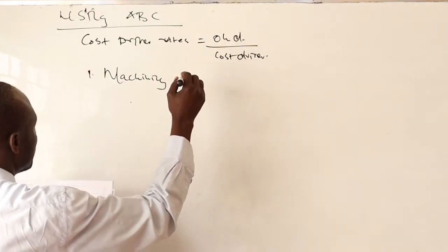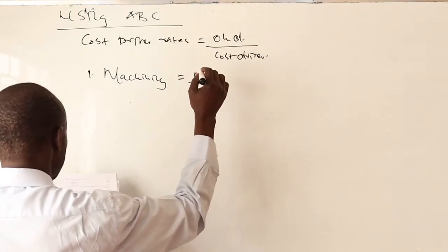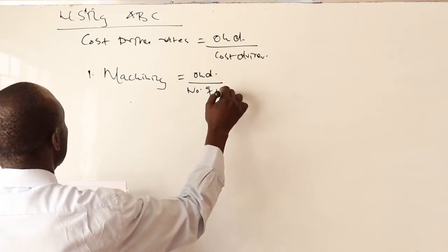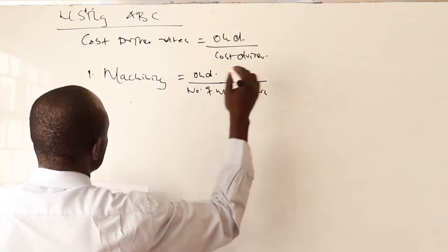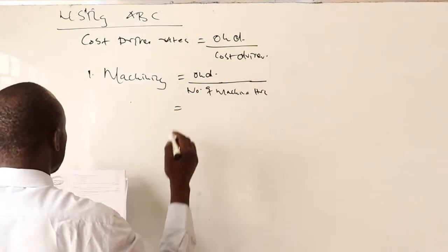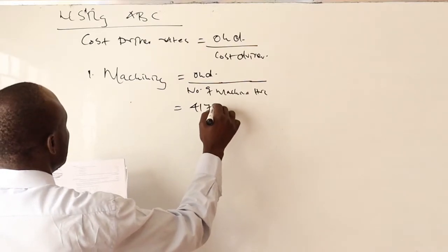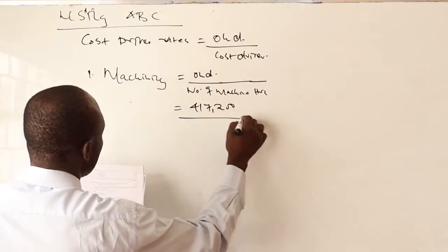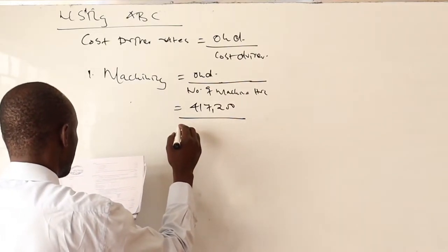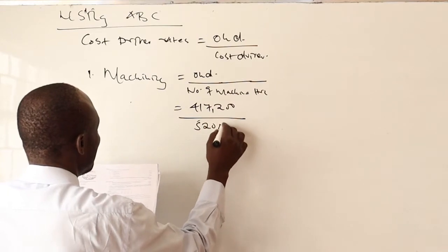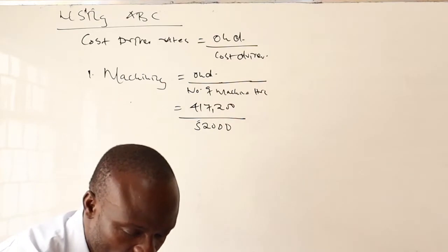We have been told the machine hours, so it will be the overhead over the number of machine hours. The total overhead allocated to the machining activity is 417,200. This one is provided. The total machine hours we had done already, it was 52,000 hours.